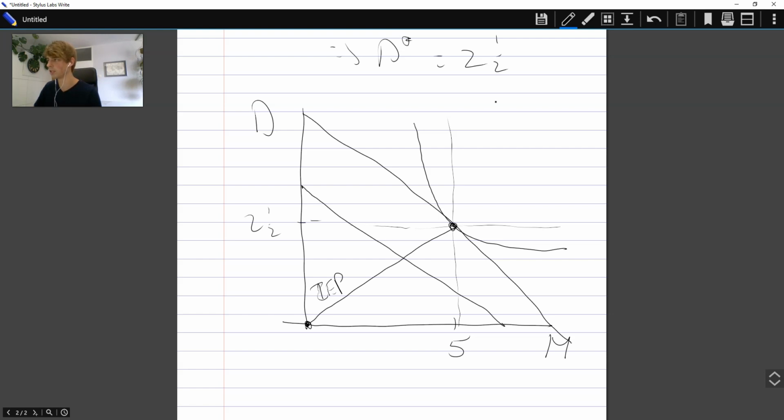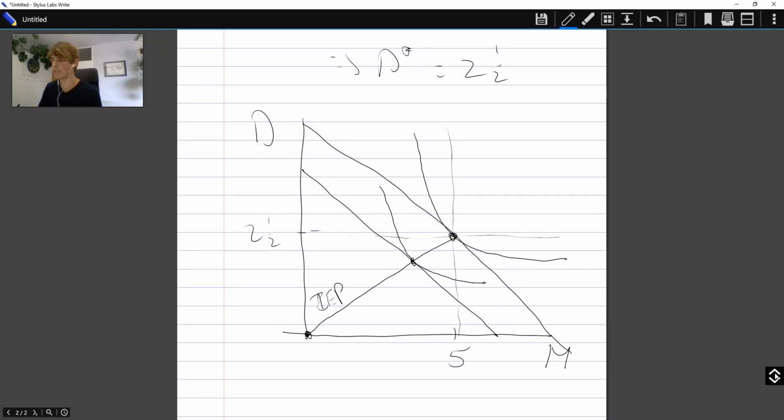Our income is less, but the price remains the same. Then this point is also on the income expansion path, so that means this budget constraint is tangent to an indifference curve like this. So that's what that means.